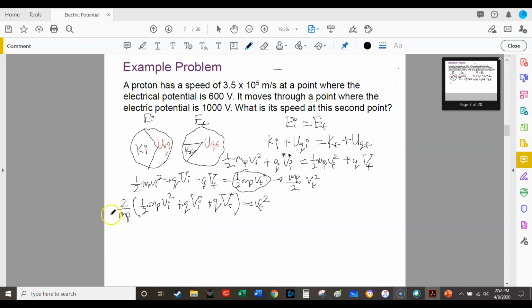So I'm going to square root this guy, and then square root this other side. When we square root this other side, this disappears. There we go. So now we have an equation representing the final velocity. So we just have to input our numbers here.